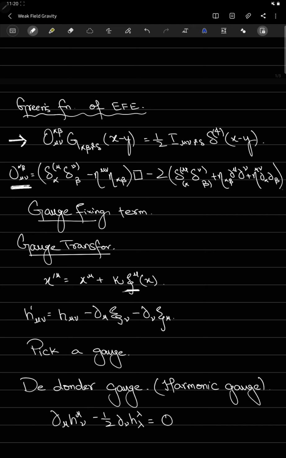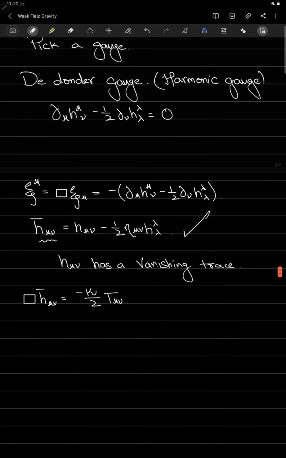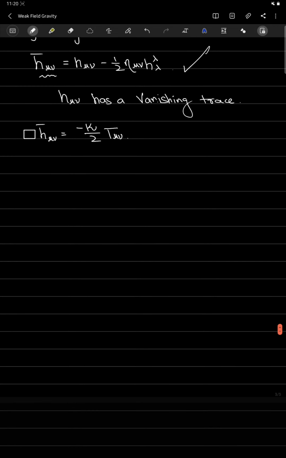And I can simplify this equation with the help of this new field now, and that equation now becomes I, which is the identity tensor mu nu alpha beta, minus 1 by 2 eta mu nu eta alpha beta acting on this d'Alembertian G alpha beta gamma delta, where this G is the Green's function, is equal to I mu nu gamma delta, right?